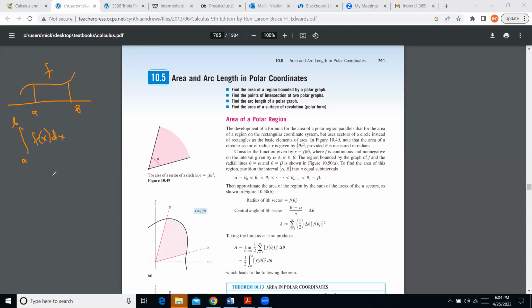The function in polar coordinates is some kind of function of the variable theta, and since it's an angle, you're going to have the region from alpha to beta integrated to get the area of the sector, which is bounded by that angle, of your function of angle theta, d theta.